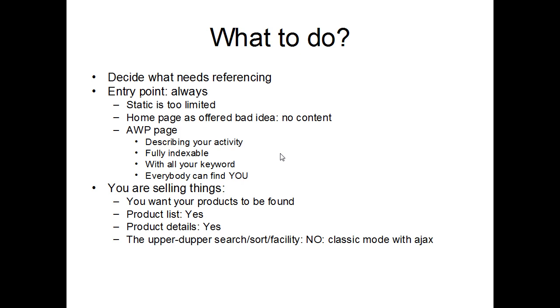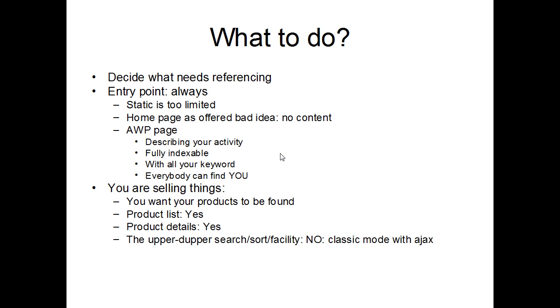What you need is the list of all your product and the product detail. The thing that your user are going to use to find something on your website once they are here has nothing to do with the search engine. So that can be in classic mode with Ajax to have all the bells and whistles and be really fancy.